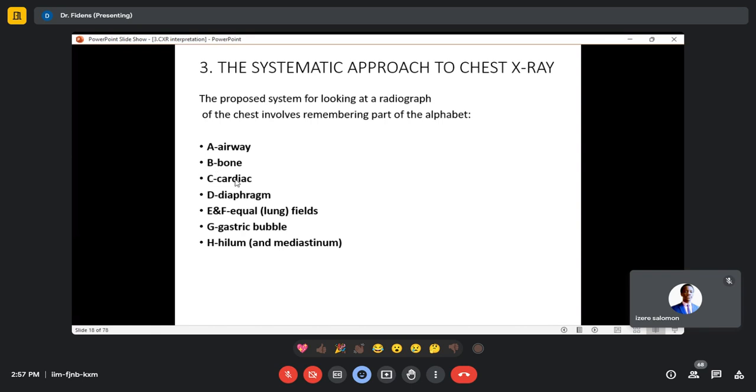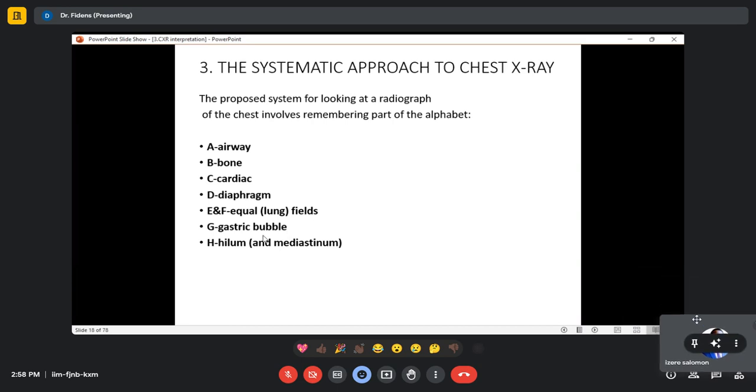For C, you check the cardiac shadow, the configuration, the size. For D, you check the diaphragm. E and F are equal lung fields. Check the lung fields. Are they equal? Is there any abnormality in the lung fields? And G is gastric bubble. The gastric bubble doesn't mean anything important.